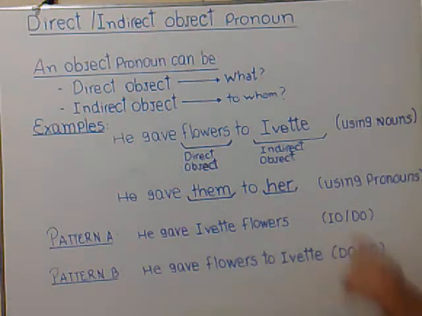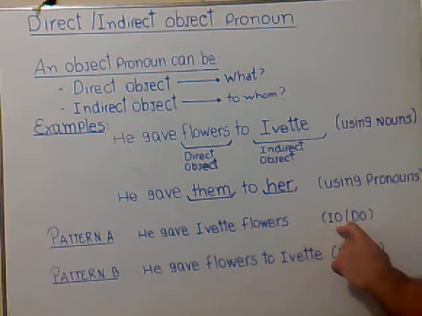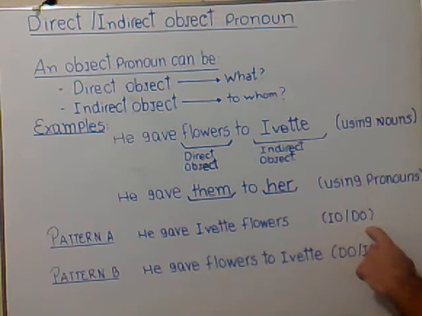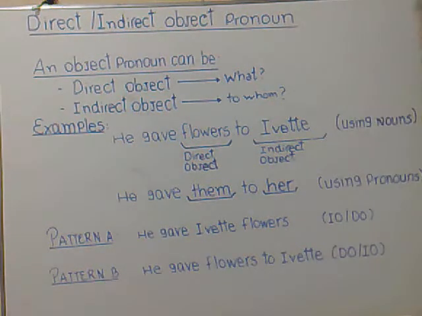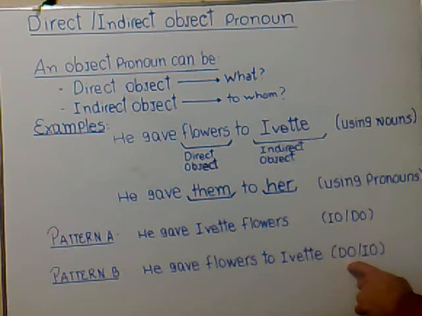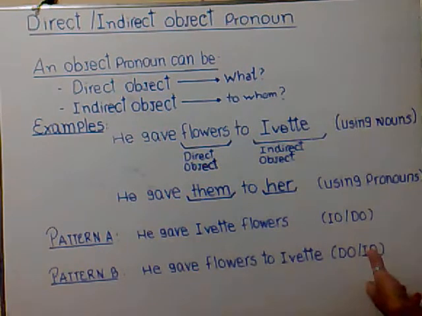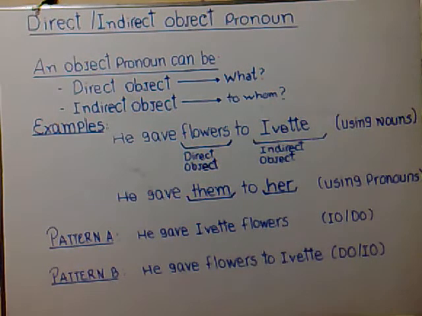Pattern A, where the indirect object comes first and the direct object comes second, or pattern B, where the direct object comes first and then the indirect object comes second.